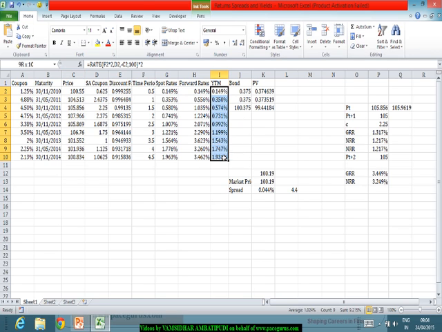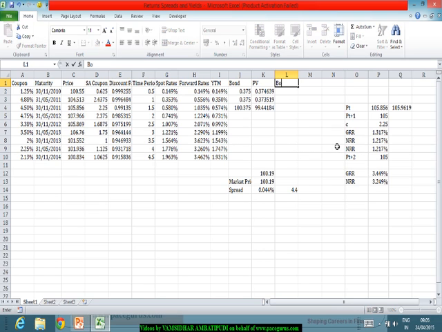These are the different YTMs. I'll talk about a zero coupon bond which is paying me 100 on maturity.